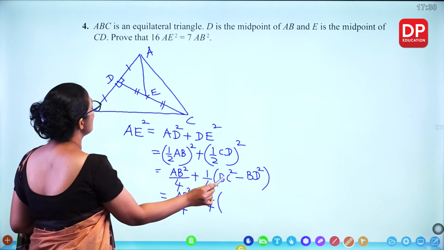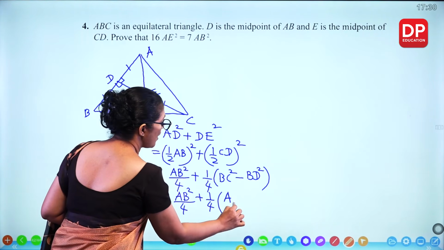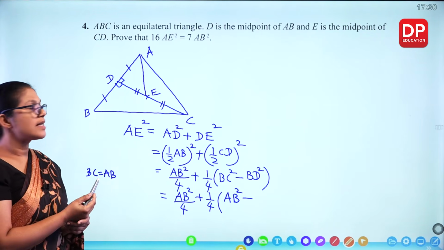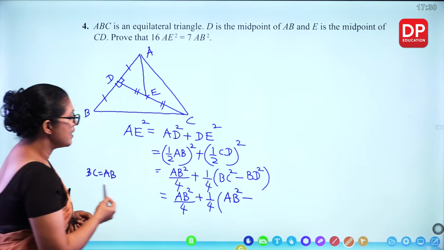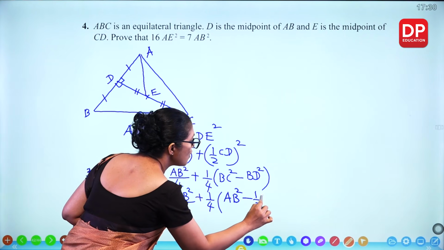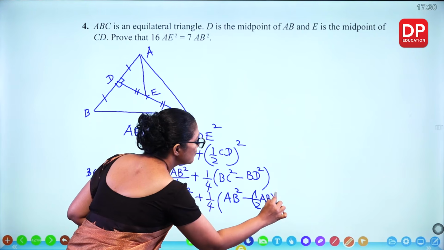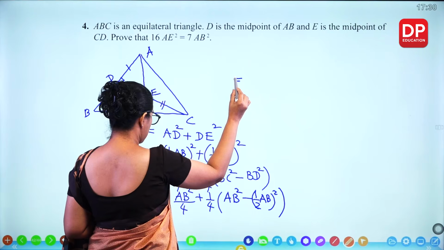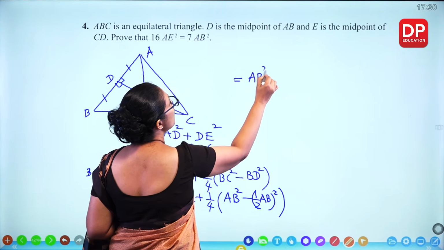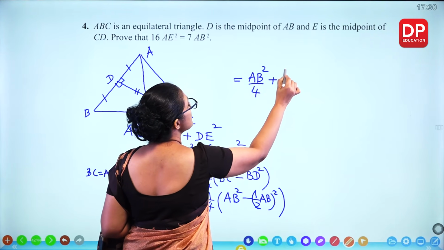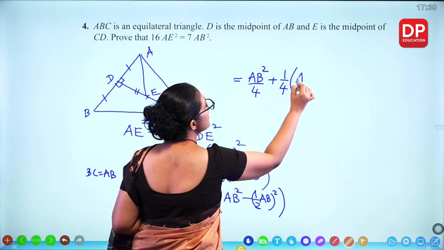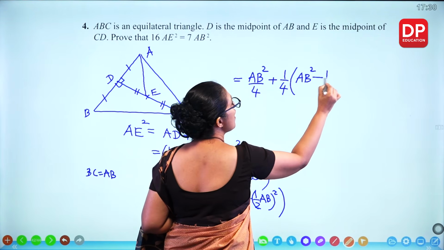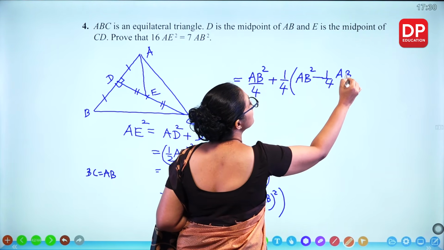So instead of BC squared, that's AB squared. BD is half of AB, so I can write half of AB squared. Now we'll simplify. I'm getting AB squared over 4 plus 1/4 of AB squared here minus half into half, 1/4 of AB squared.